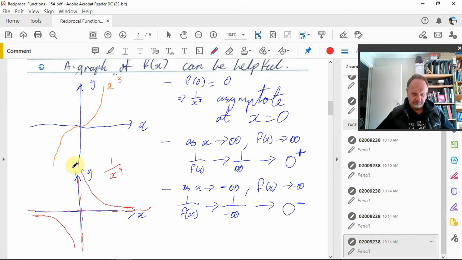So often our original function is useful to have before we do our reciprocal, if for no other reason to find out where our asymptotes will be, because our asymptotes will correspond to wherever that x-intercept is.